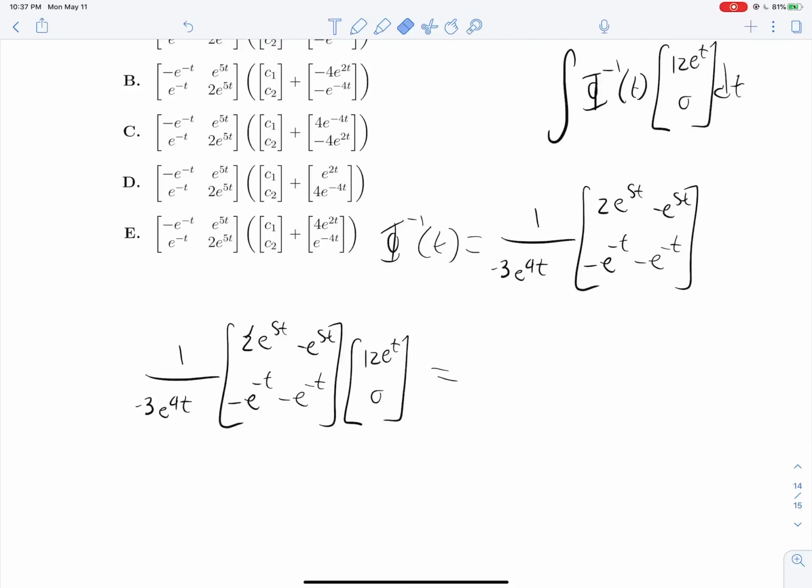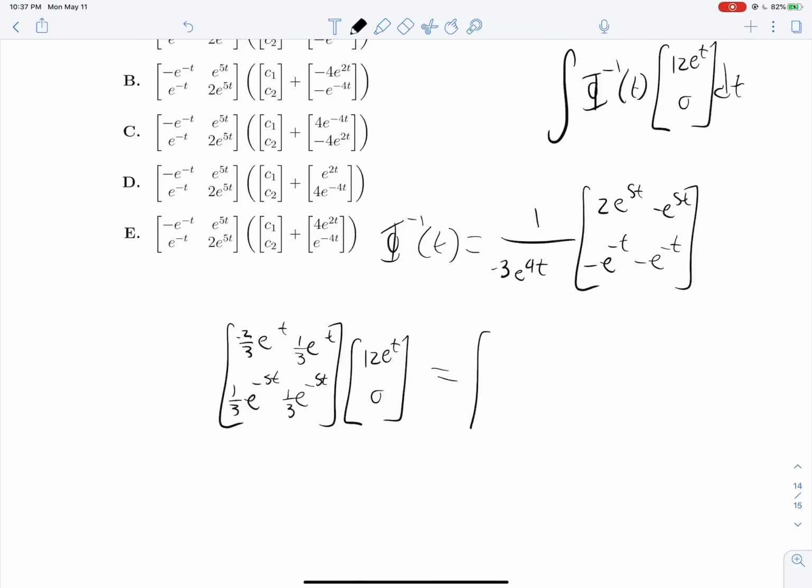We will get negative 2 over 3 e to the t, 1/3 e to the negative 5t, 1/3 e to the negative 5t, and 1/3 e to the t, like that. And we can get rid of that right there.